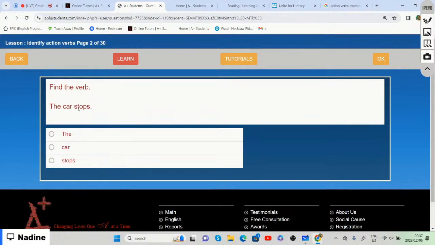All right, so if we find the verb, either between the car or stops, we need to find the verb within that sentence. And if we find the verb, then yes, well done. Stops is our action verb.